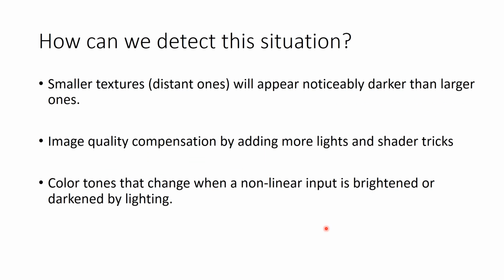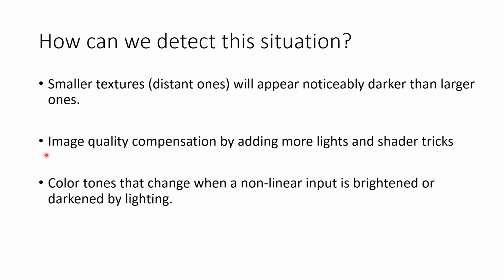Some ways to detect this problem at runtime when your application is showing something on the screen: smaller textures that are distant will appear noticeably darker than the larger ones that are near the camera. Also, image quality compensation by adding more light and shader tricks.